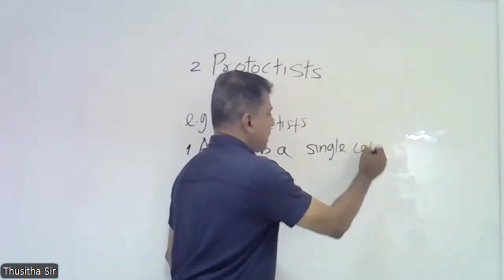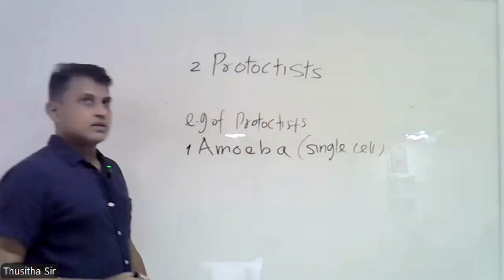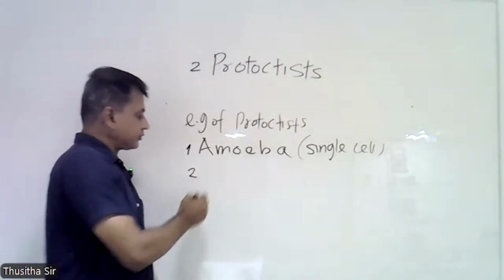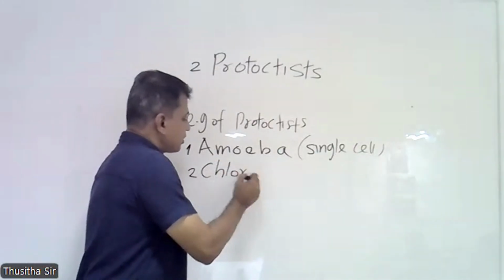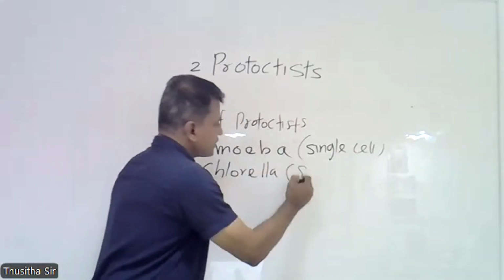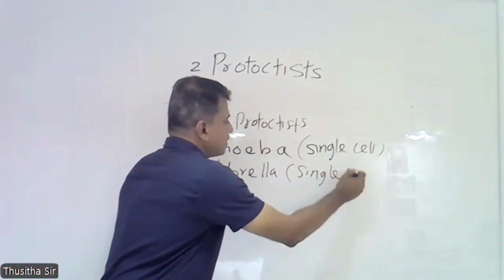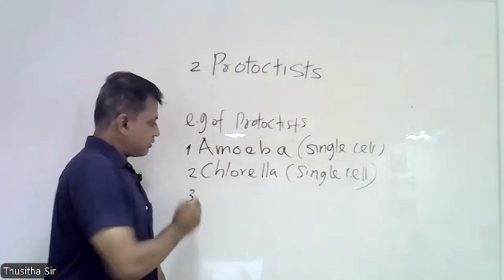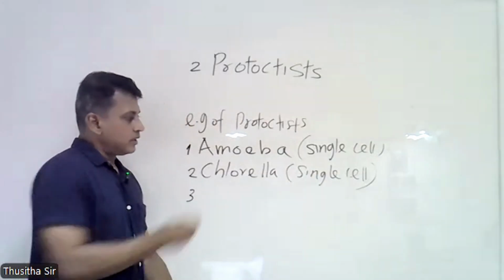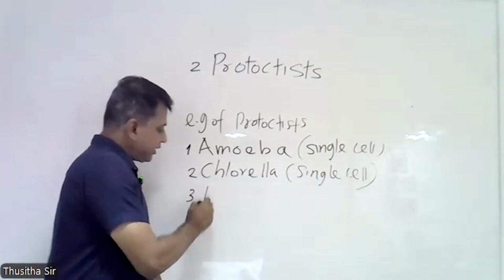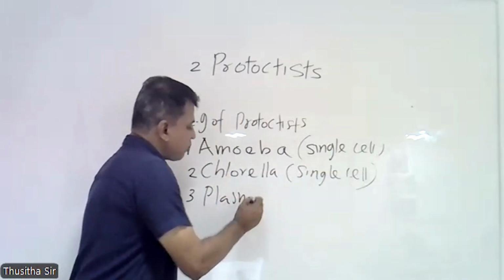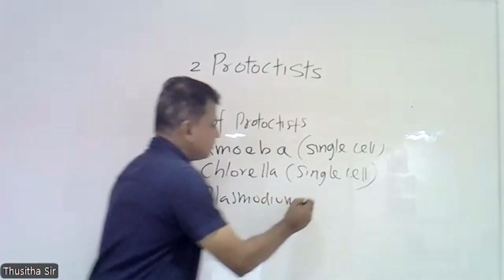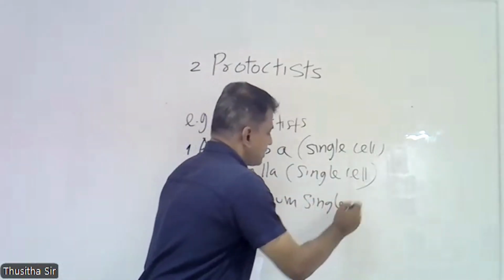That's a single cell. Number 2, chlorella is also single cell. So number 1 is amoeba and number 2 is chlorella. And third one, plasmodium. I do not know what is plasmodium. Single cell.